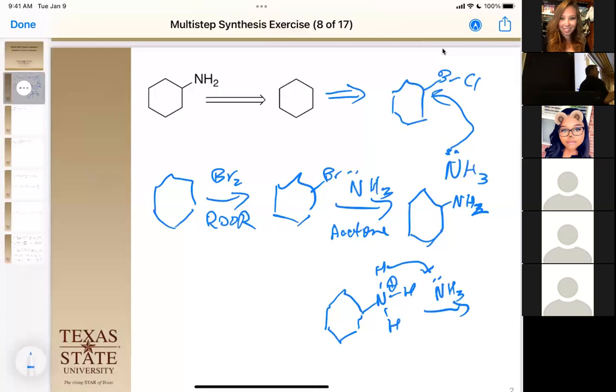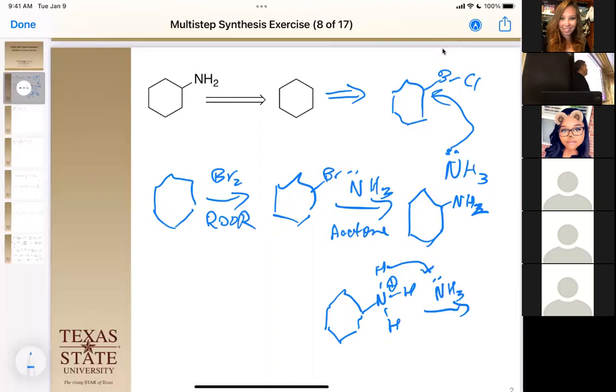Remember, when you have an SN2 reaction with a neutral nucleophile, you end up with a positively charged product that you probably need to transfer a hydrogen off of, because there's only 5 things that happen in a reaction. Add a proton, take a proton away, attack by a nucleophile, rearrange, or break into a small fragment. So try all of them if you don't know which one it's going to do. But when you have a positive charge, you're probably going to lose a proton.